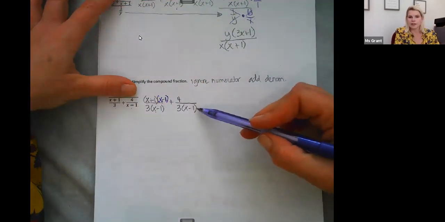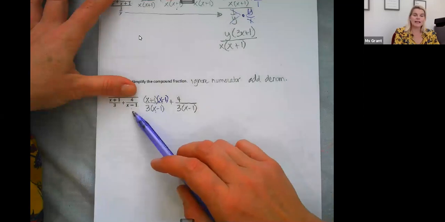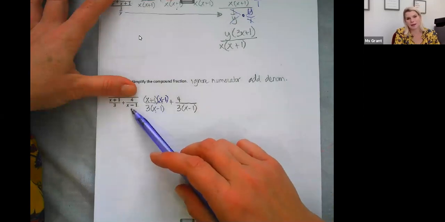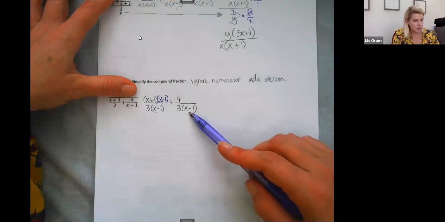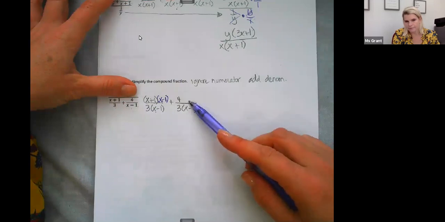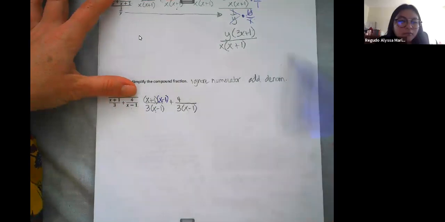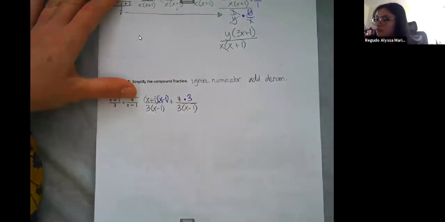Let's go to the second fraction. Originally, I had an x minus 1 in the denominator. Now I have a 3 times x minus 1. So what do I multiply by? 3. Good.